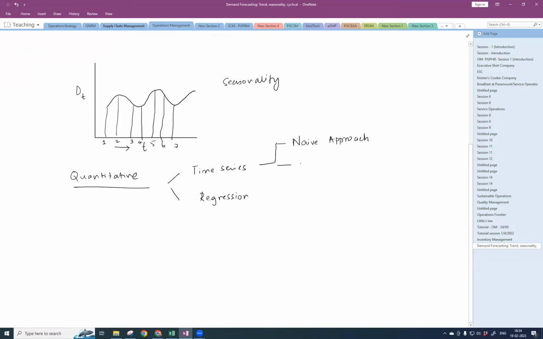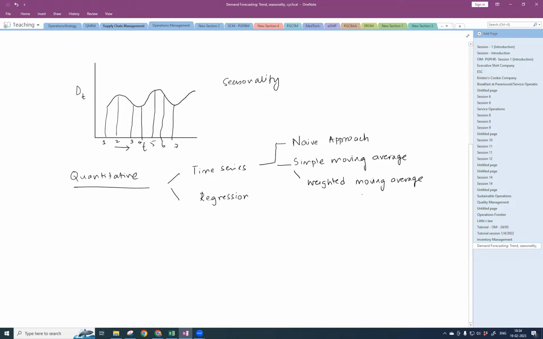Now, there are 2 types of moving average, one which is called a simple moving average. The other one is a weighted moving average, right? A simple moving average is where you're taking the past few values and simply calculating the average with equal weightage to everything, right?